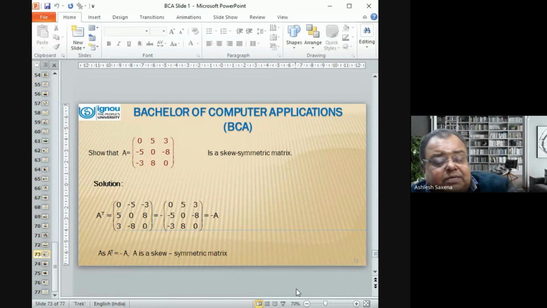What will you get? You can see that it is in the form of minus A. If A transpose is equal to minus A, it is a skew symmetric matrix. Correct?